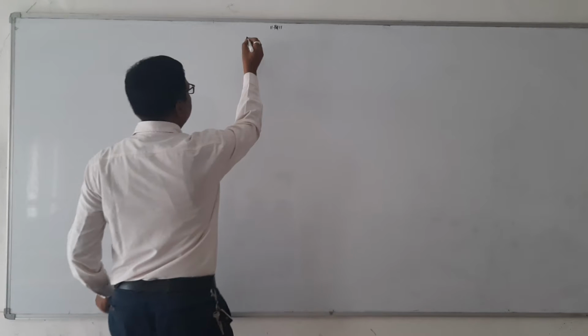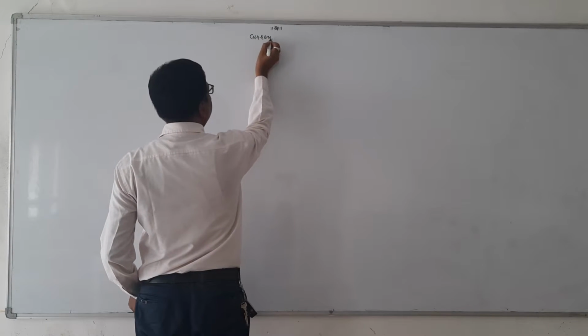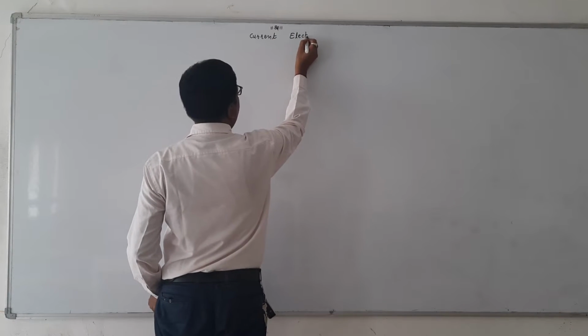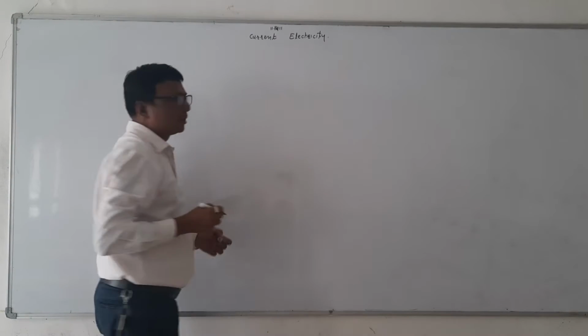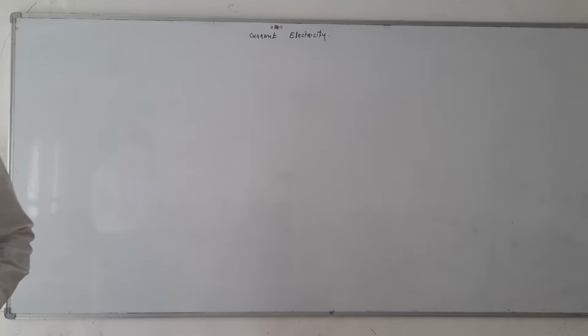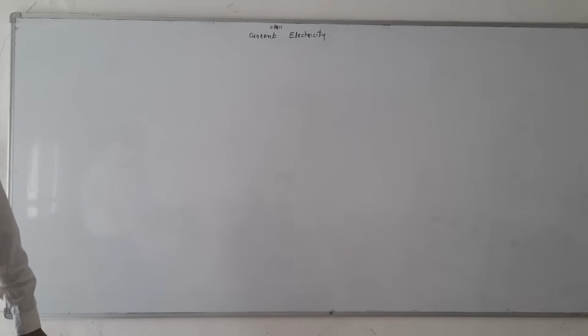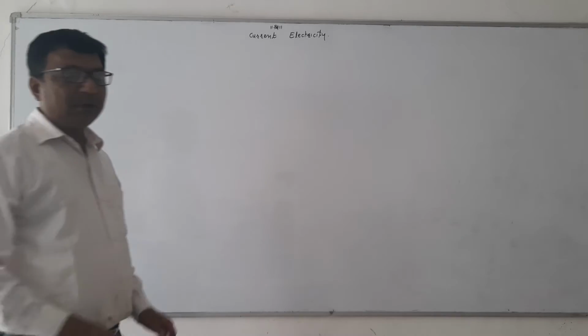Okay, so here the name of the chapter is Current Electricity. Now, how is electric current produced?